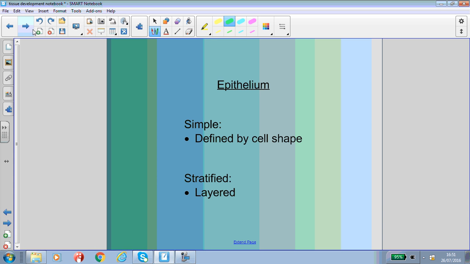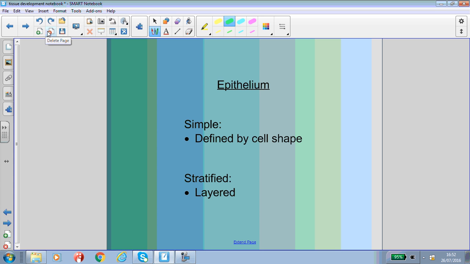You generally find that in places where you need things to be absorbed. So, for example, in your digestive tract, you're looking for materials that are in the hollow of the tube to absorb out into the tissues, so you don't want a long way for them to go. So that's simple epithelium, and different shapes of cell will give it a different name, but we won't go into that just yet.